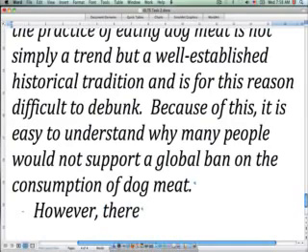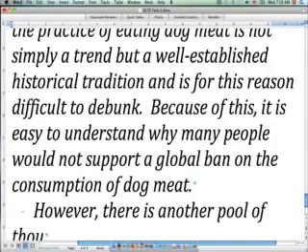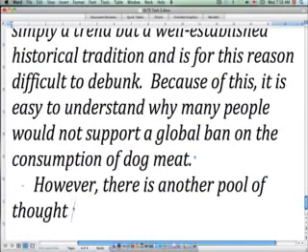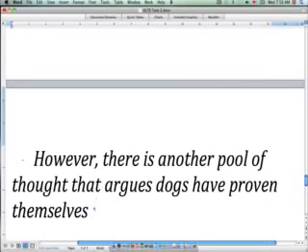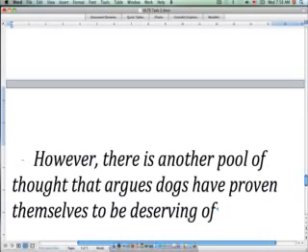So, however, there is another pool of thought that argues dogs have proven themselves to be deserving of, we'll say, humanity's compassion.